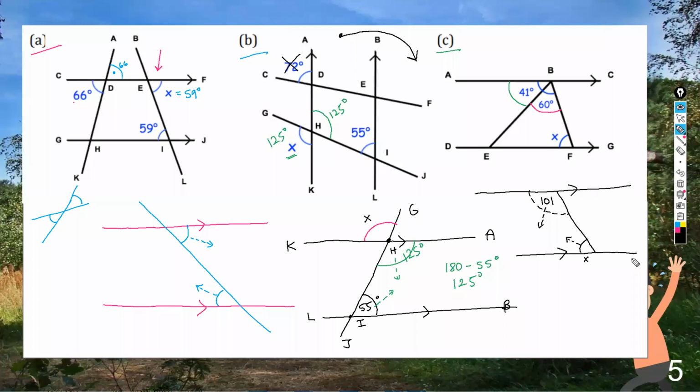That's interior angles. And interior angles always add up to how much? 180. So if he is 101, to get the balance, you just minus 101, which is 79. That's the final answer, 79 degrees.